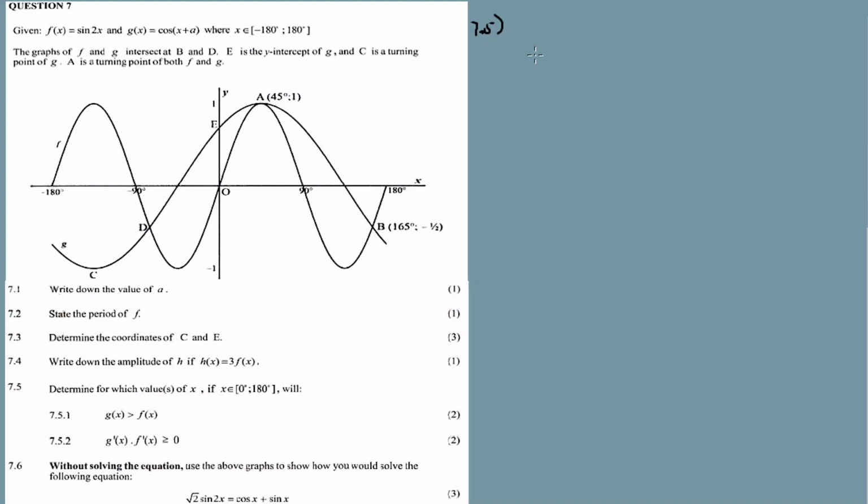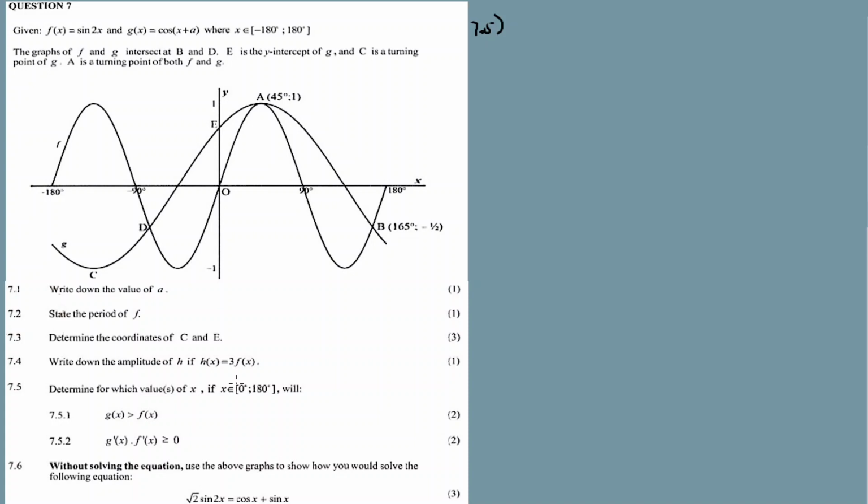7.5. Determine for which values of x, if x is an element of 0 degrees to 180 degrees. Okay, now I get it.